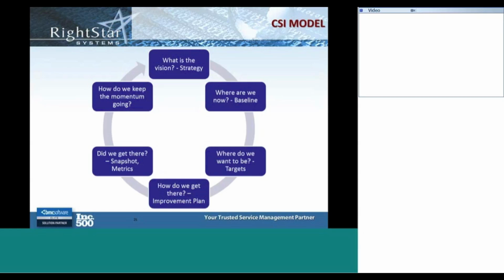And in order to know how to get to that target, we can develop improvement plans or service improvement plans. To judge our performance or to know whether we got there or not, we take a snapshot or look at overall metrics for our services. And then we need to keep the momentum going and start again from the beginning.